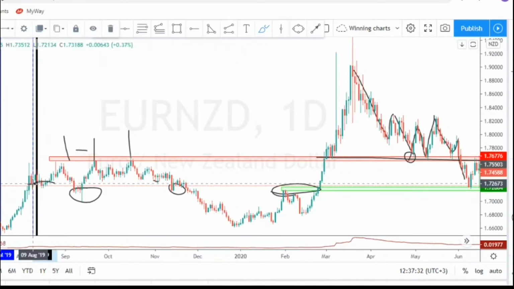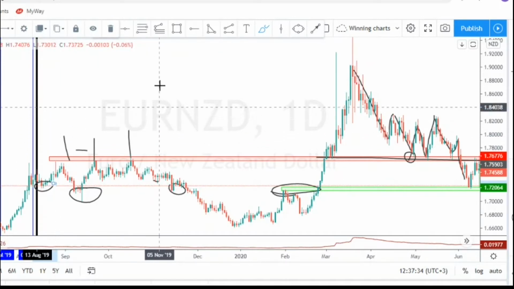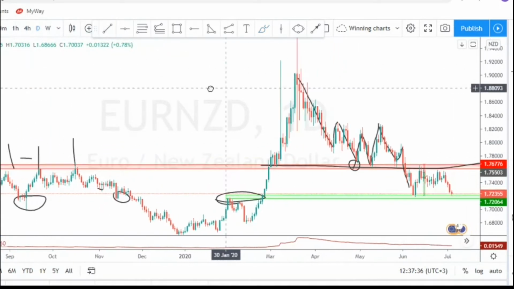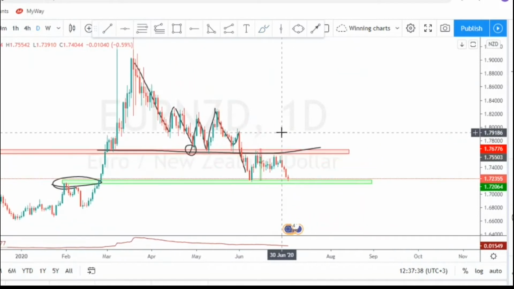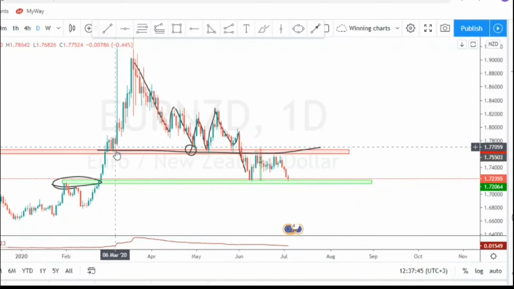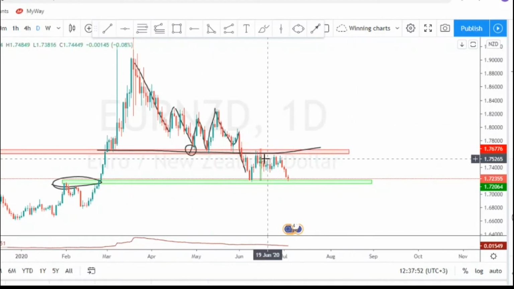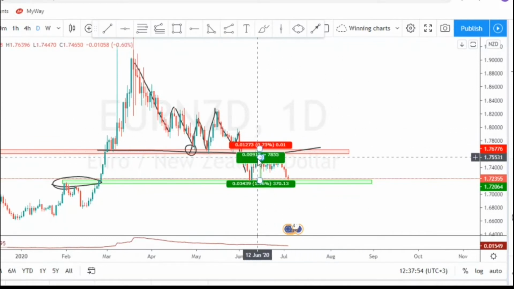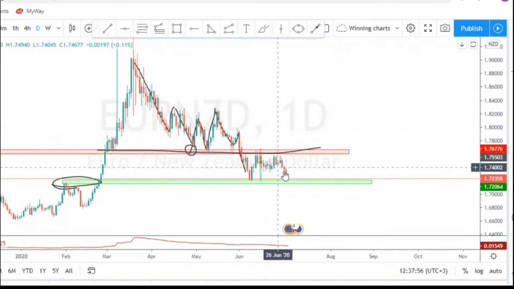It was support here as well. So what I did, I waited for the market to react at this key level of structure and retest this key level of structure that just turned into support, and waited for my entry reason, and I went short.